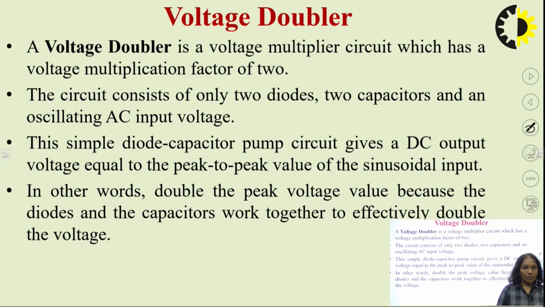So, a pair of diode and capacitor will give you the multiple of the output voltage. If you are using two diodes and 2 capacitors, then we get a voltage that is twice the input voltage applied at the input terminal.